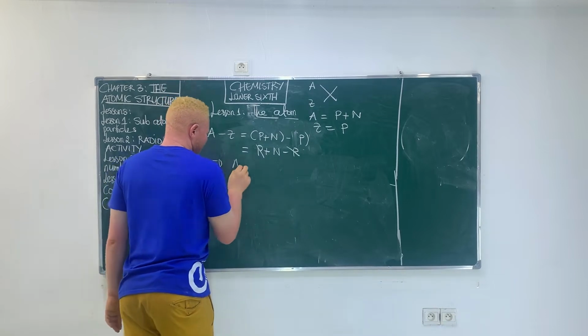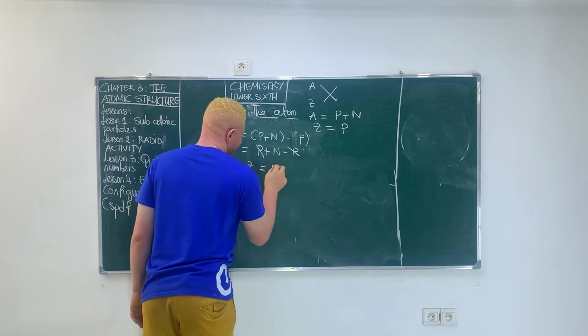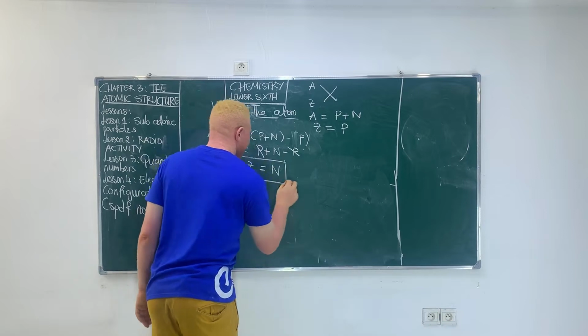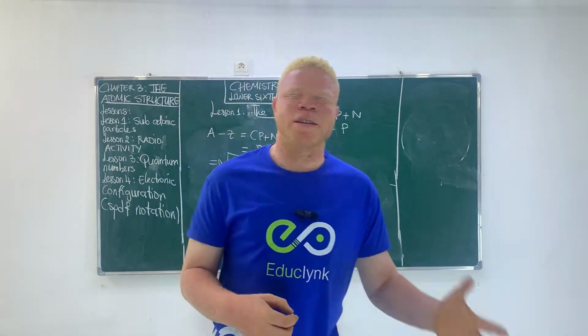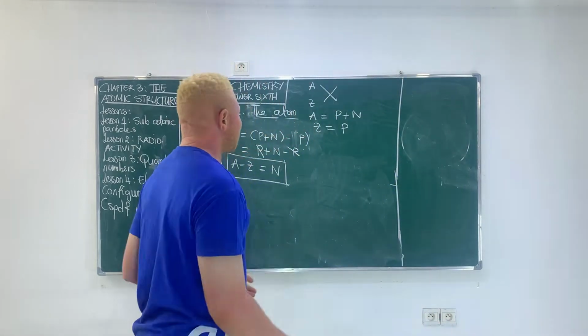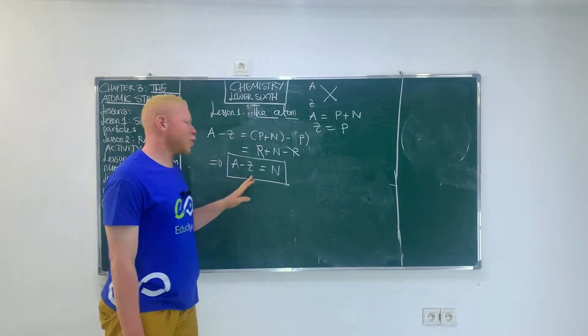We're left with A minus Z equals N. It simply means that the neutron number is the mass number minus the atomic number.